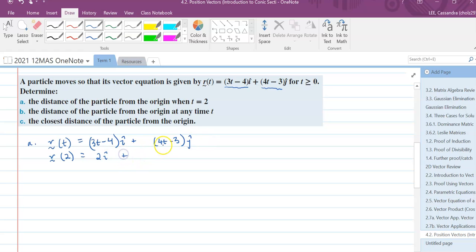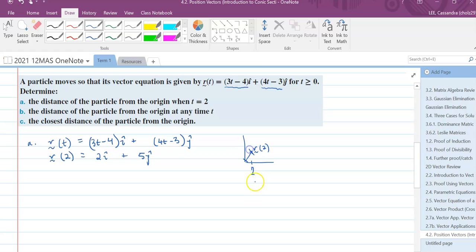Same thing here: 4 times 2 is 8, 8 take 3 is going to give me 5j. So this here is the vector equation. If I was looking at this vector when t was equal to 2, then this is going to be the vector r.